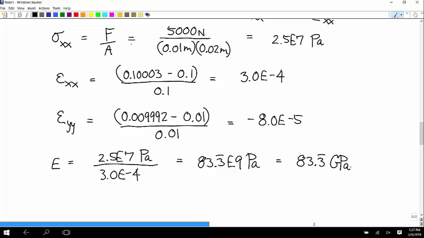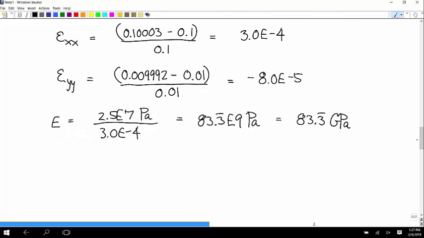Did you get that? Okay. Any questions about that calculation? And that's the stiffness of the material. Diamond has a much higher value than that. Silly putty has a much lower value.